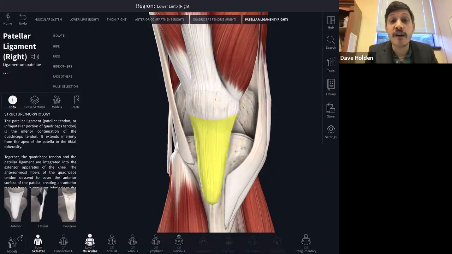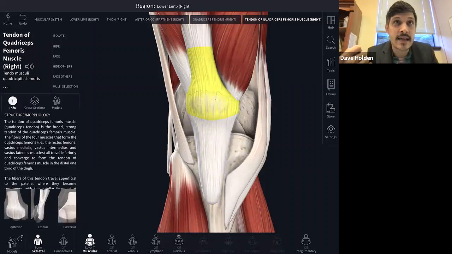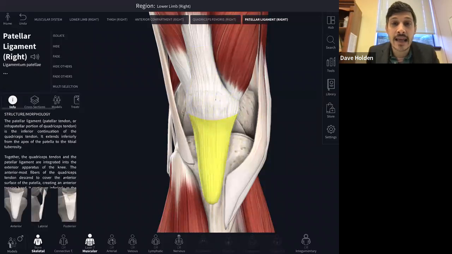So since the function has changed, since its role has changed, we are going to change its name. It starts out its life as the quadriceps tendon, the tendon for the quadriceps. After the patella, we change its name to the patellar ligament, the ligament of the patella that connects it to the tibia.